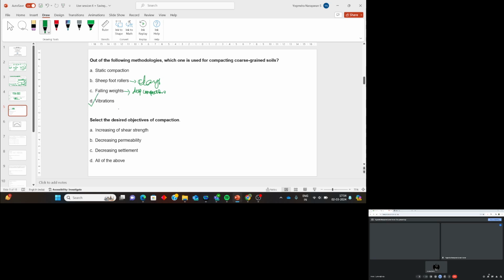There is one more technique associated with vibrations for improving coarse grain soil. Can you think of it?